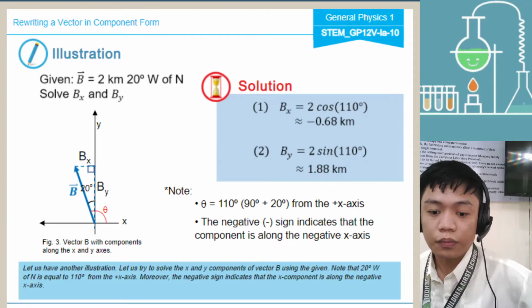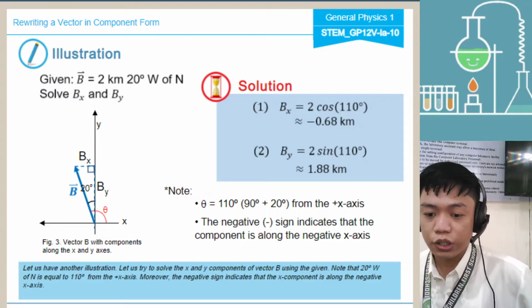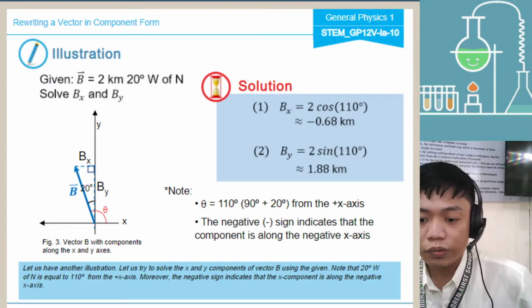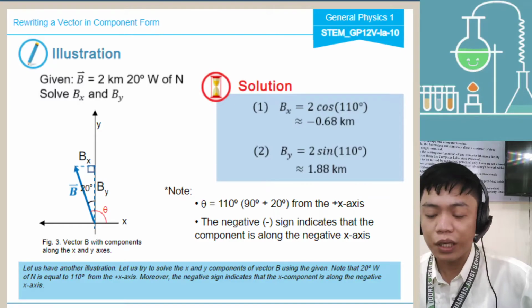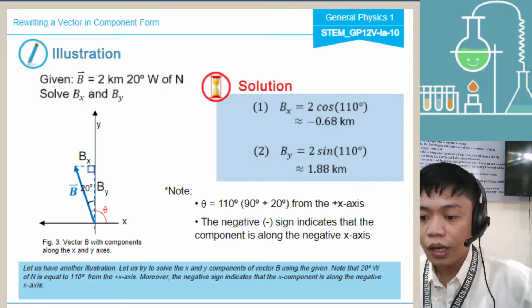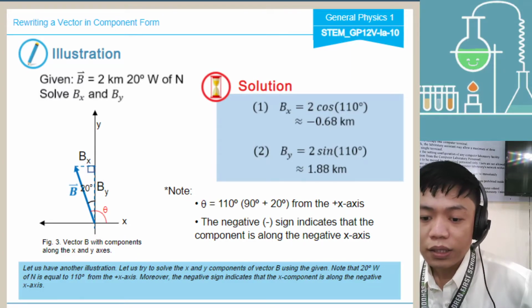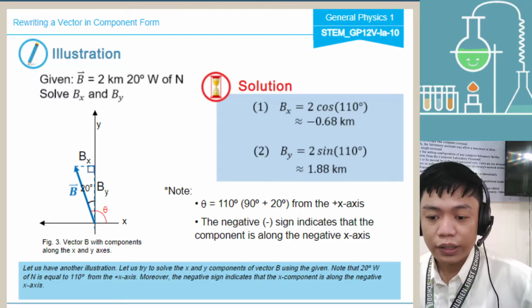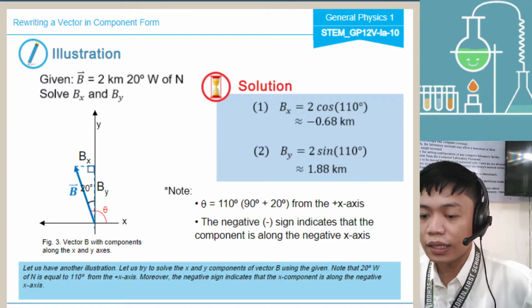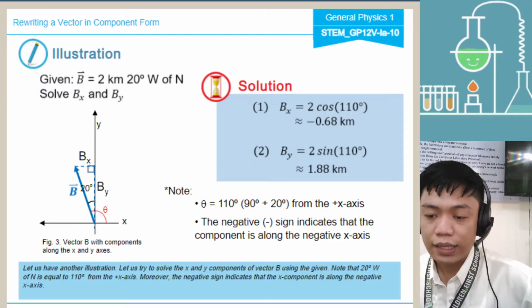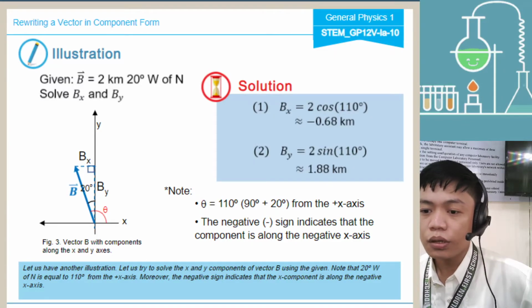Now, let us have another illustration. Let us try to solve the x and y components of vector B using the given values. Note that 20 degrees west of north is equal to 110 degrees from the positive x-axis. Moreover, the negative sign indicates that the x component is along the negative x-axis.